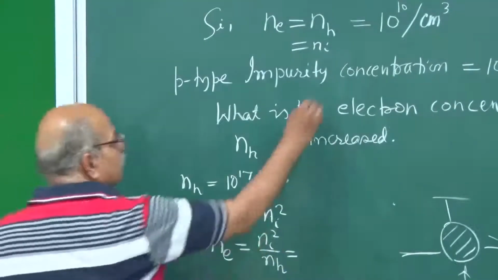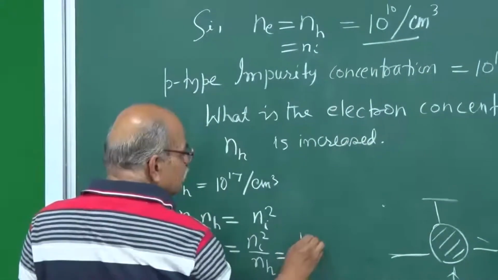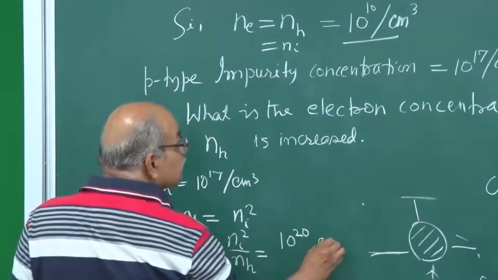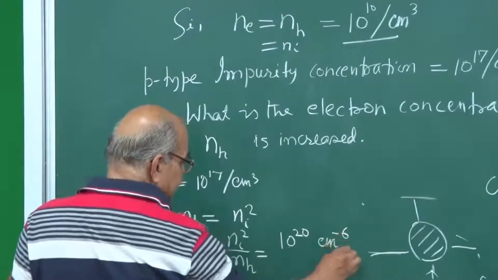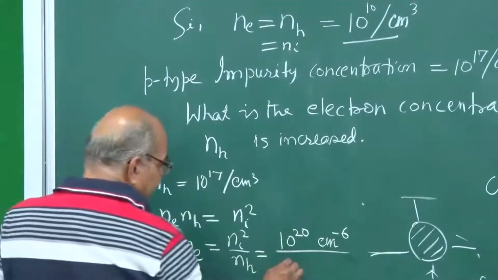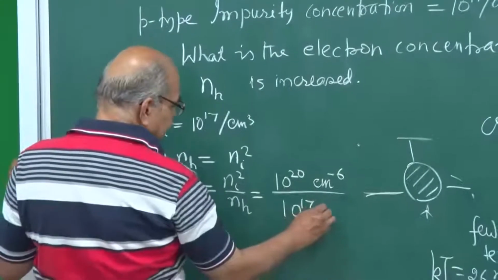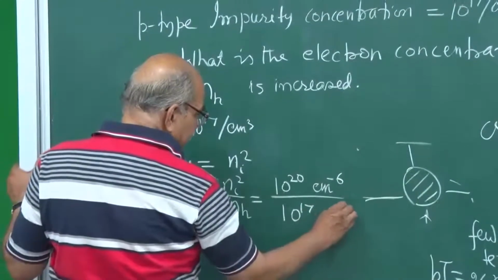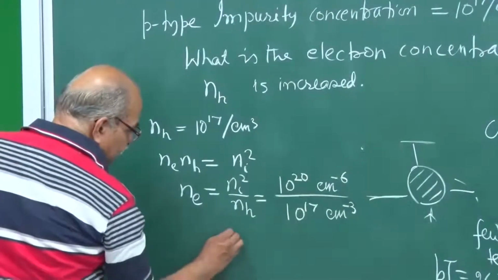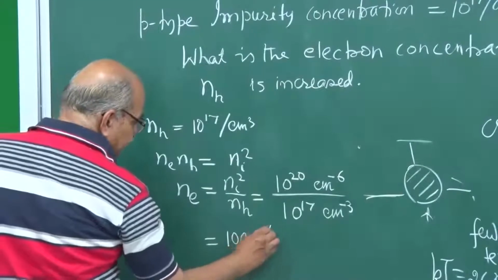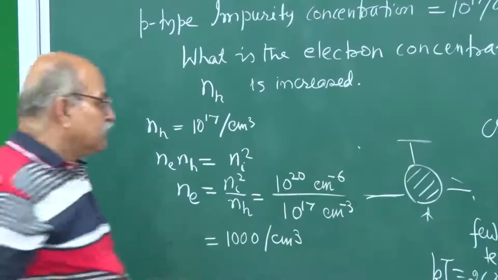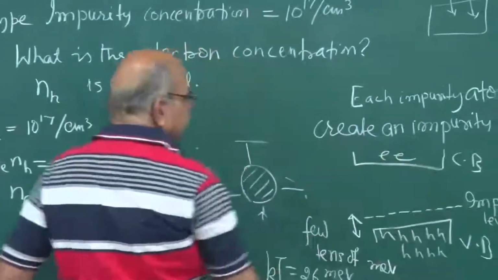Ni square is 10 to the power 10 into 10 to the power 10, that is 10 to the power 20 centimeter power minus 6, and NH is 10 power 17 per centimeter cube, which gives just 1000 per centimeter cube. So these will be the number of electrons which are here.